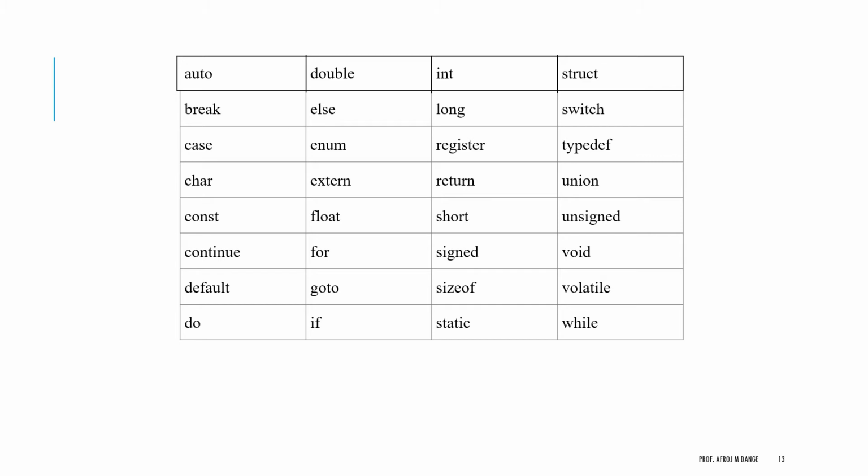There are 32 keywords defined by C programming. A few examples are int, float, byte, for, etc. We will come across many keywords as we proceed with programming in further lectures.